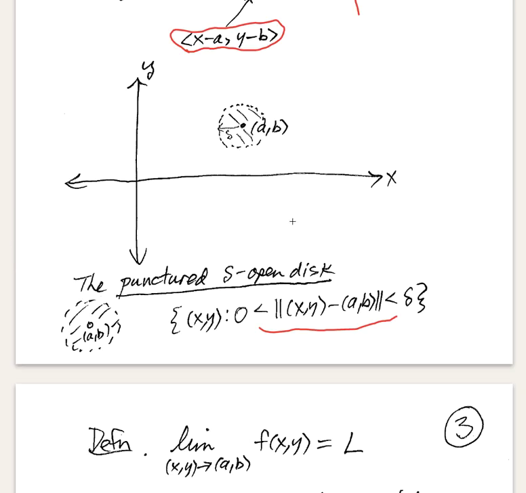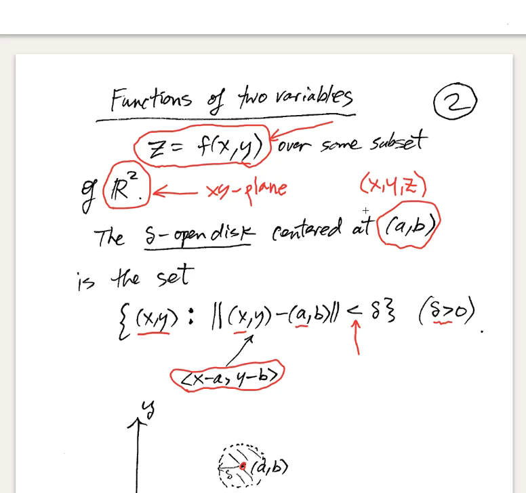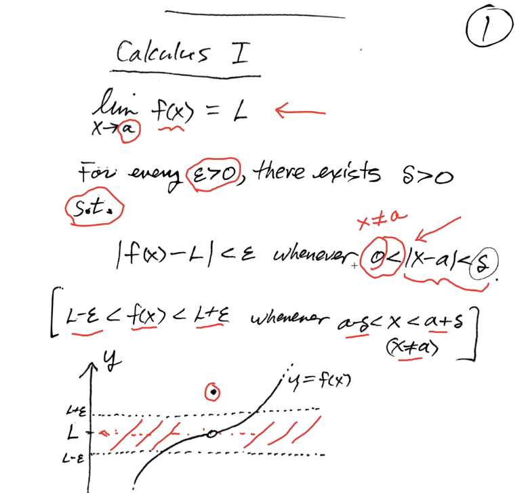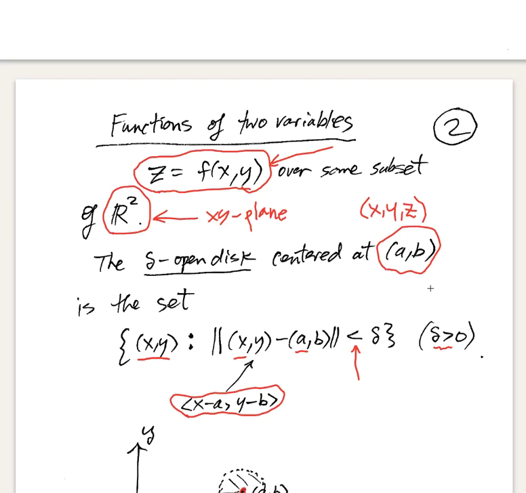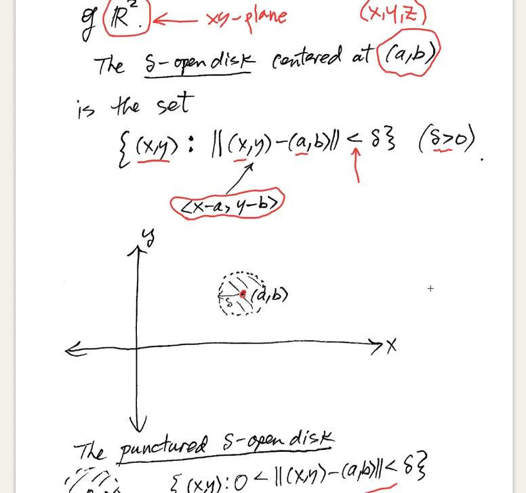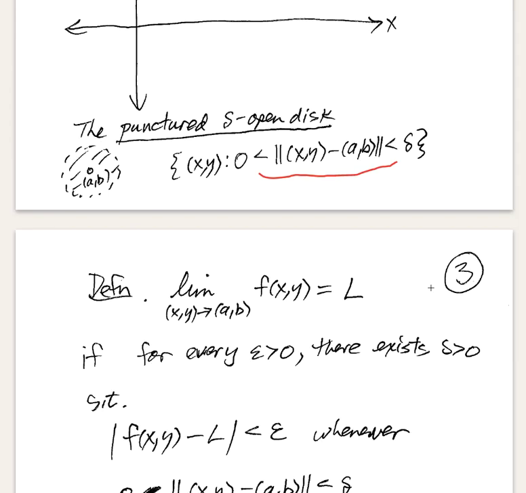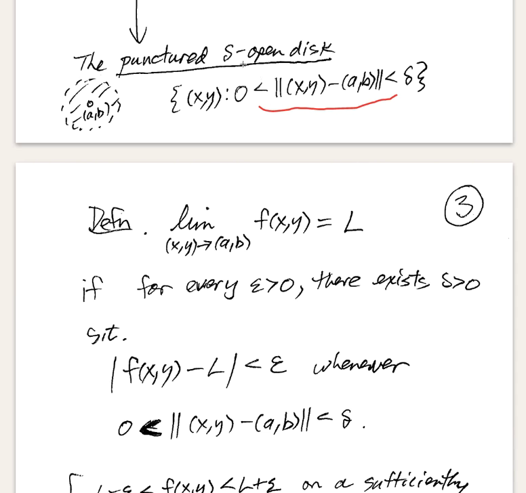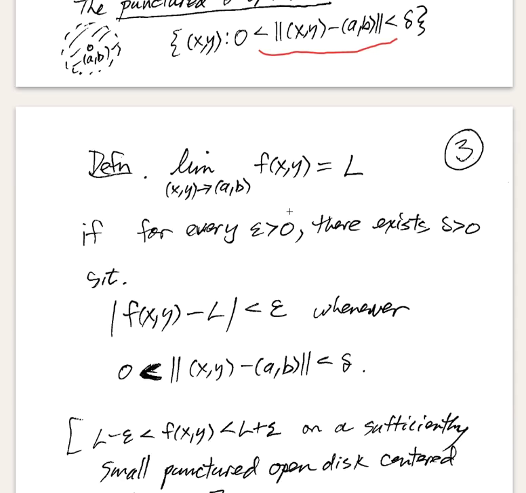I'm just putting an open hole right there at (a, b). I punctured the disk at (a, b). It's analogous, by the way, to what we were doing right up here with this. We would say that's maybe a punctured interval, wouldn't we? That's what we were using in our definition of limit in Calc 1. So it's a punctured open disk; you don't have to say delta every time.